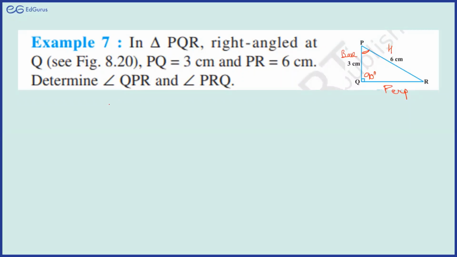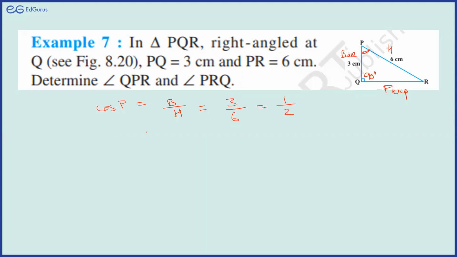So I know the hypotenuse and the base. Which formula uses hypotenuse and base? Cos of P is equal to base upon hypotenuse. Base is 3, hypotenuse is 6, so 1 by 2.